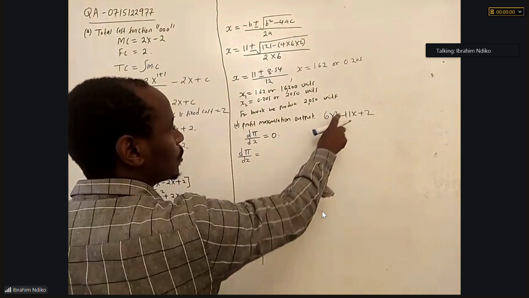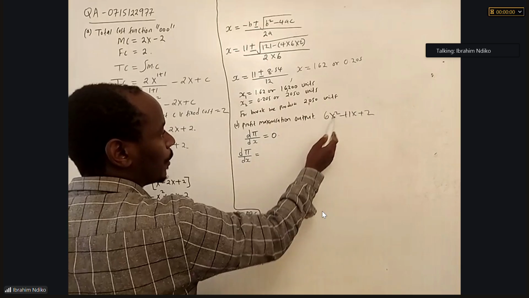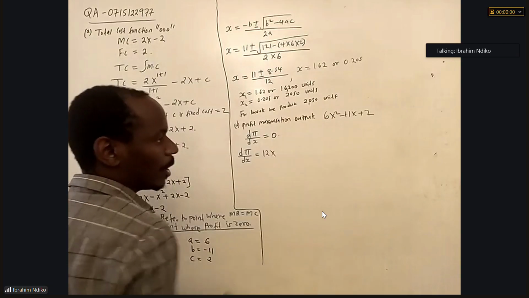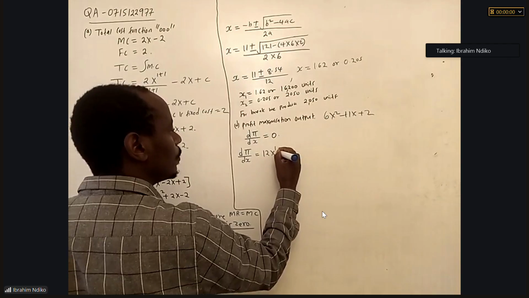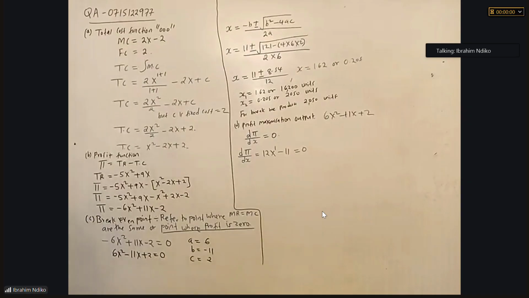So it will be 6 times 2. We take this one and multiply with the power. So 6 times 2 is 12. Then you reduce the power by 1. So 2 minus 1 is 1, minus 11. That's the first derivative. The first derivative must be equal to 0 for profit maximization.